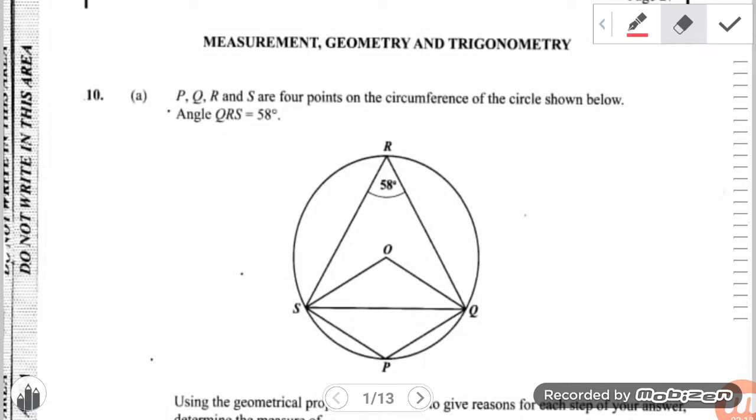In a circle, if a quadrilateral is inscribed and its 4 vertices lie on the circumference, then that shape is known as a cyclic quadrilateral.